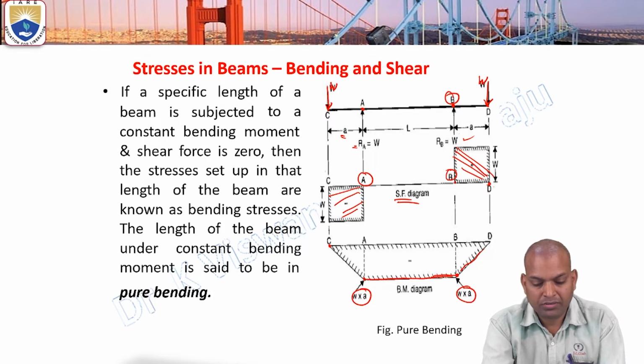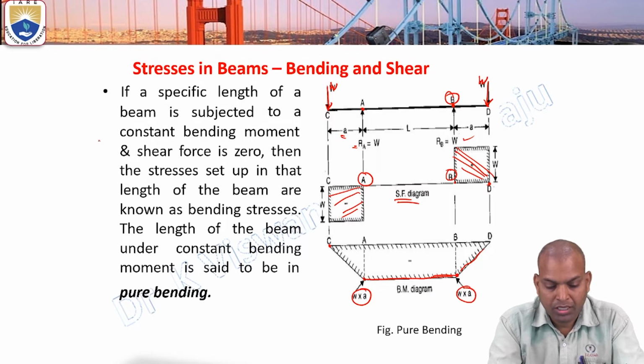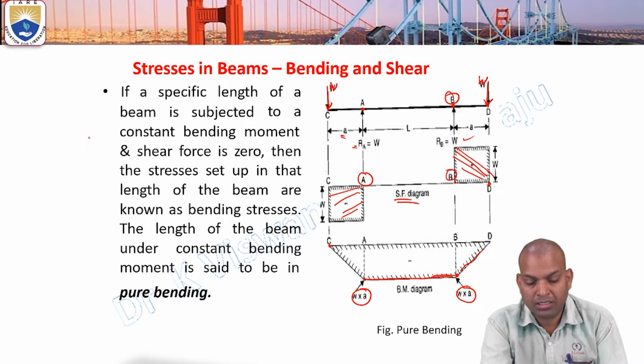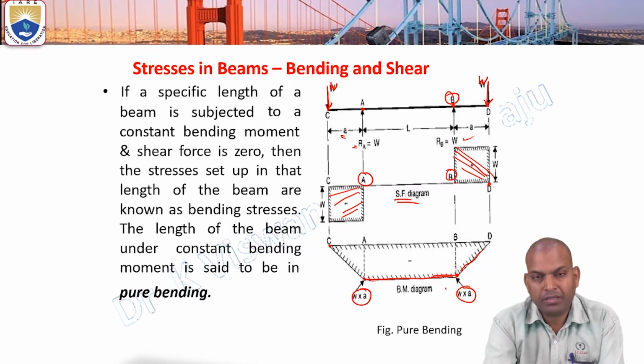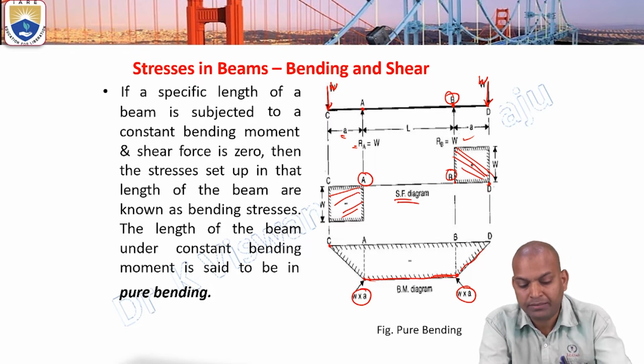For this beam, the shear force between A and B is 0, but the stresses set up in the length of the beam are known as bending stresses. The length of the beam between A and B experiences a constant bending moment. This phenomenon is said to be pure bending.